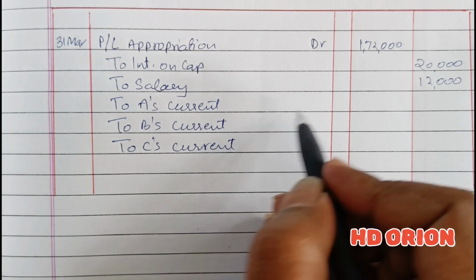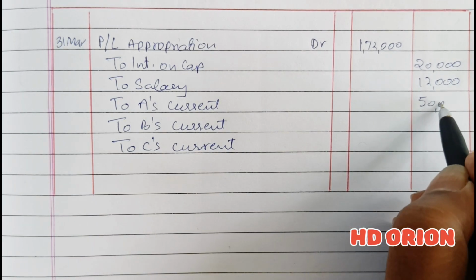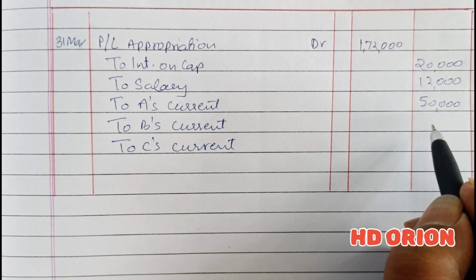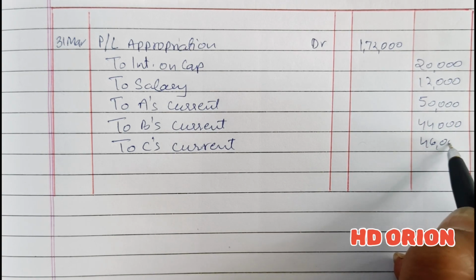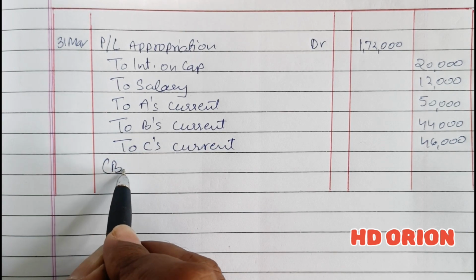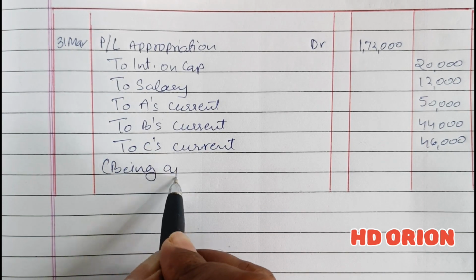And these amounts were 50,000, 44,000 and 46,000, being appropriation of profits.